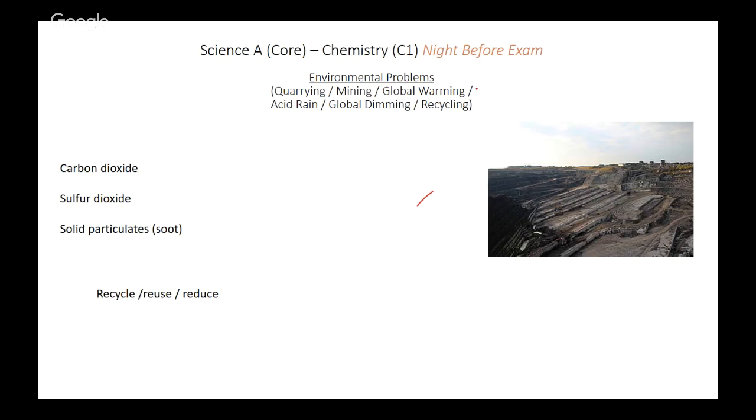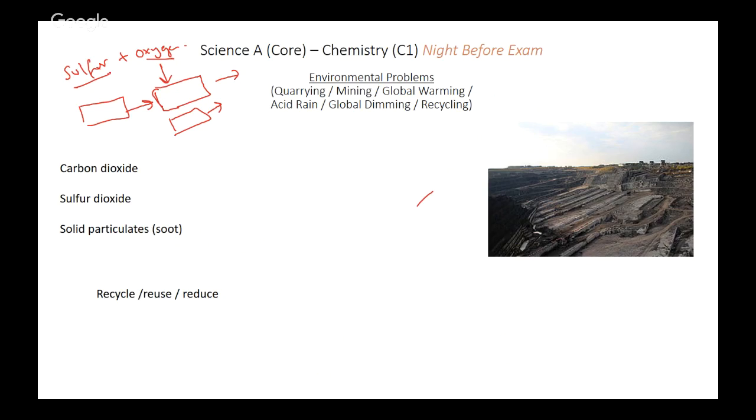Environmental problems then, they love this idea. Always look out in an exam for any situation where you might get some form of sulfur reacting with oxygen, maybe as part of a big flow diagram. Sometimes when you're talking about extraction of metals, they'll randomly have a really big flow diagram, loads of information, and sneakily in there they'll have this idea.